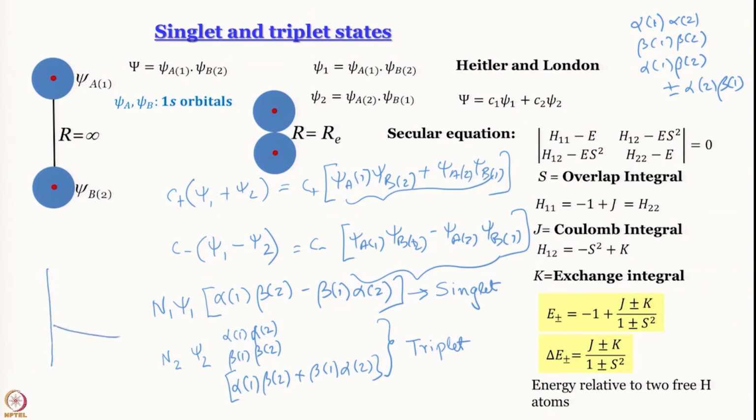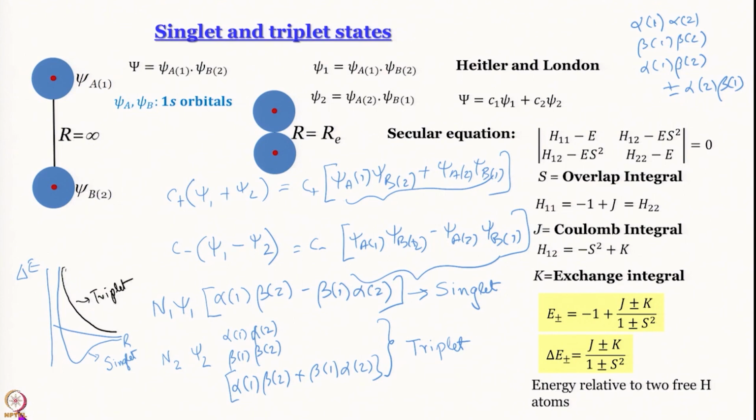If I plot delta E this time versus R, then this kind of plot that we get is for the singlet state, and the other plot that we get, I think I used exactly opposite in color, but that does not matter. The dissociative plot that we get, this is for your triplet state.